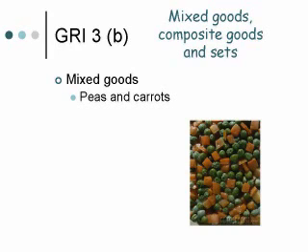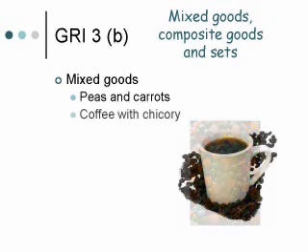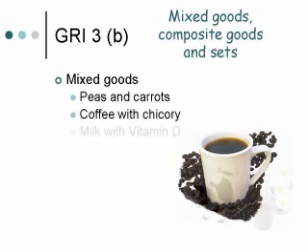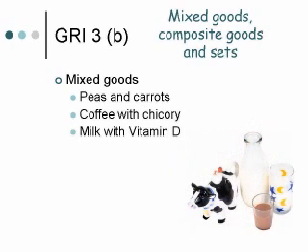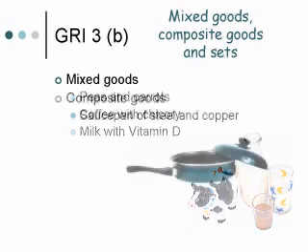Composite goods are goods made up of different materials or that perform two or more different functions. Remember from our previous lesson of GRI 2, we talked about coffee with chicory and milk with vitamin D. GRI 3b tells us to use essential character to classify the coffee and the milk. Let's take a frying pan that is made of steel and aluminum.